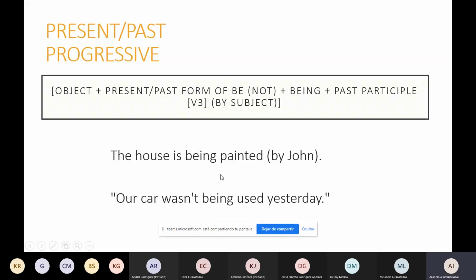Estamos utilizando un pasado progresivo, un presente progresivo. The past participle, painted or used, and the complements. Yesterday, for instance, or if we want to add the doer, used by, after the verb. Okay.